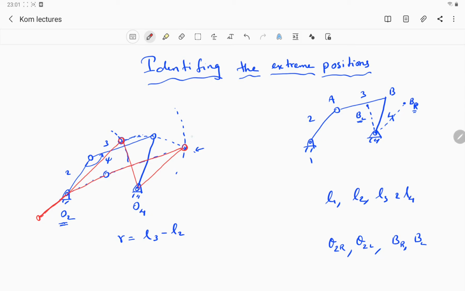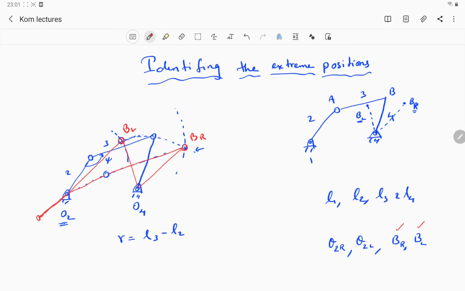So this is our BR and that's our BL. We have identified the positions BR and BL. We may also be interested to know theta 2 when B reaches BR. That's theta 2R.